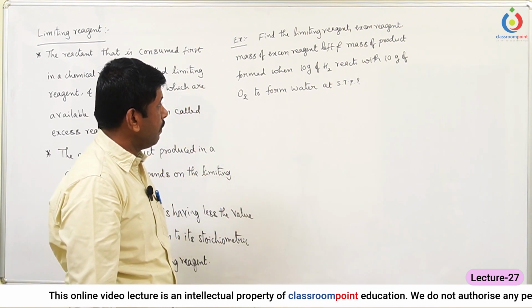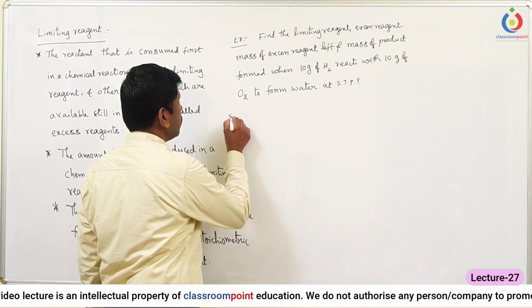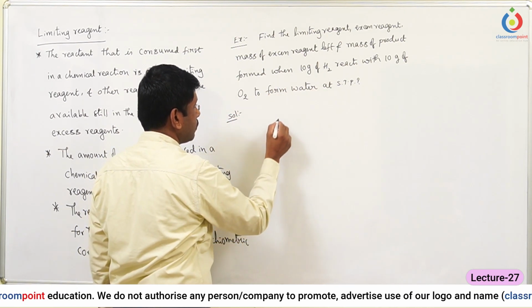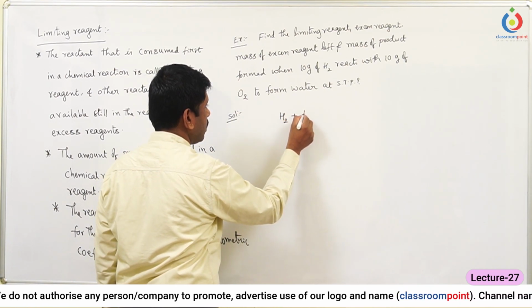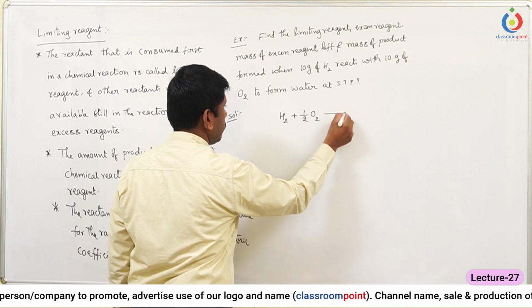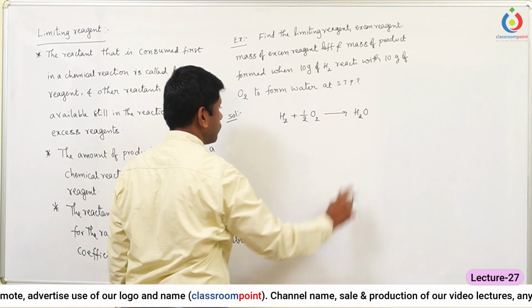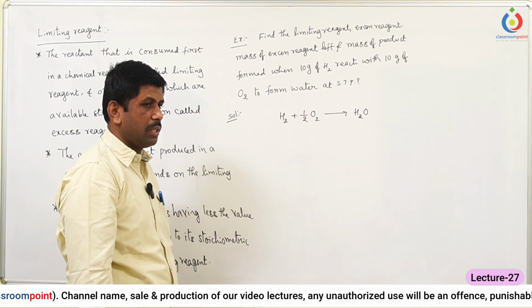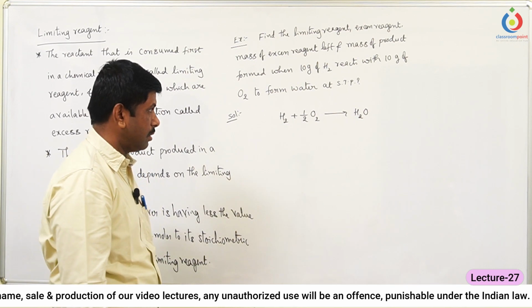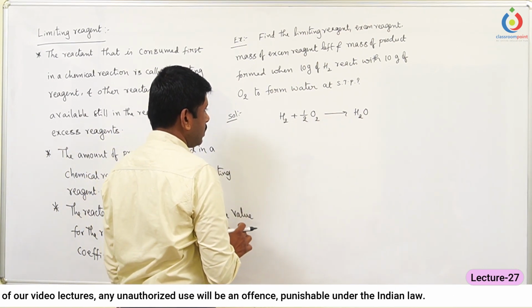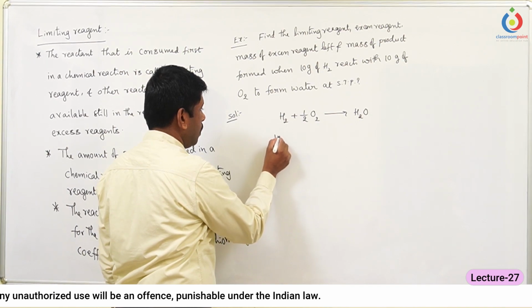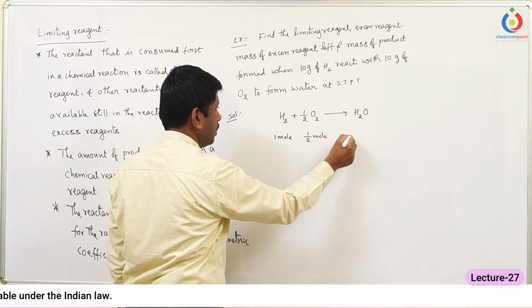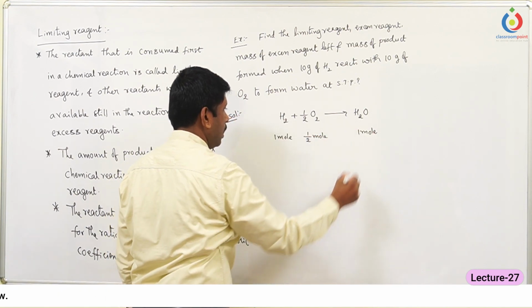So now let us take the given question. Solution: two reactants are given, H2 and O2. So write down the balanced equation. H2 reacts with O2 to form H2O. This is the balanced equation. And see how many moles and what mass of the reactants are going to react with each other. From the balanced equation, it is clear that 1 mole of H2 reacts with half a mole of oxygen to produce 1 mole of H2O.